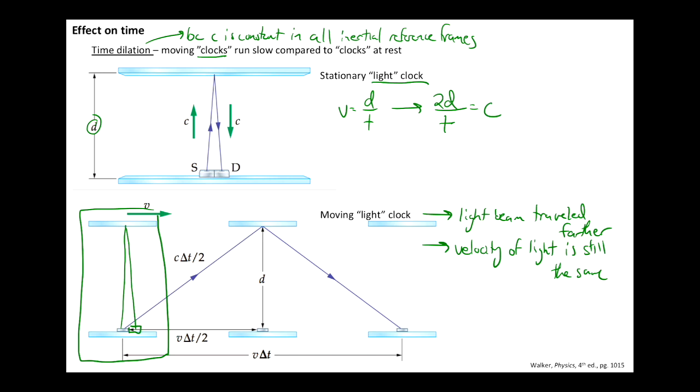Which means, what if I go back and look at this equation? What can you say? So this went up. This one stayed the same. What else has to happen? T increases? Yeah.